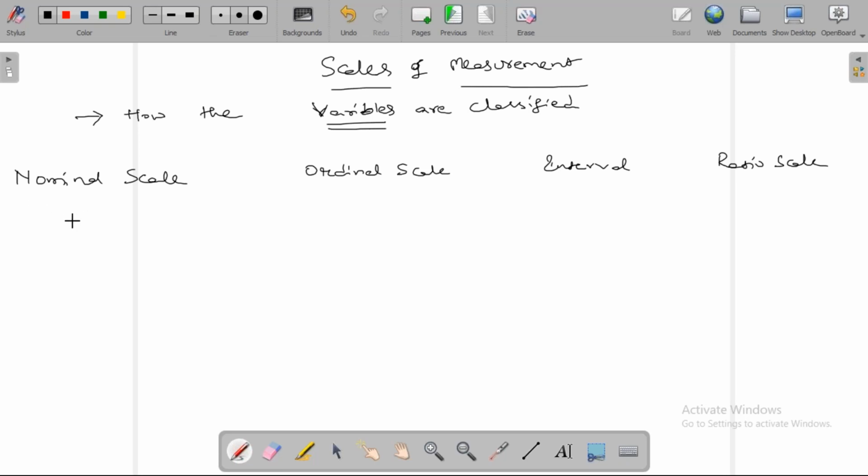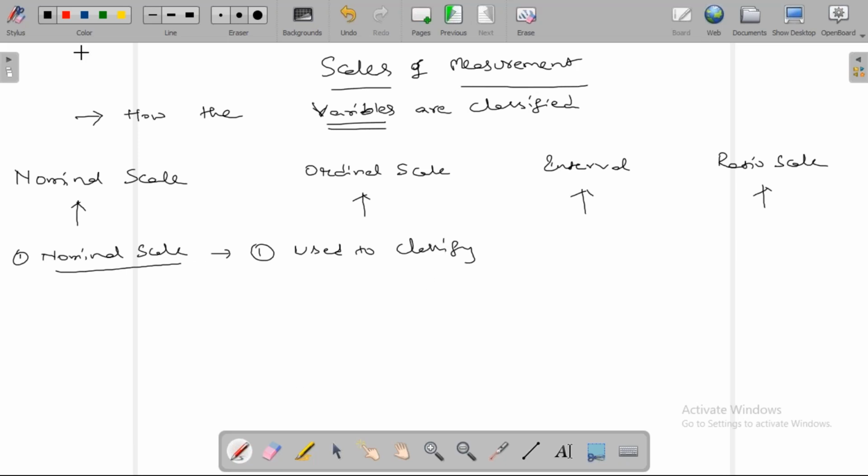When you listen to nominal scale, what comes to mind is that it is used to classify categorical variables. In this you can see something like yes or no. Yes or no is nothing but a categorical variable.